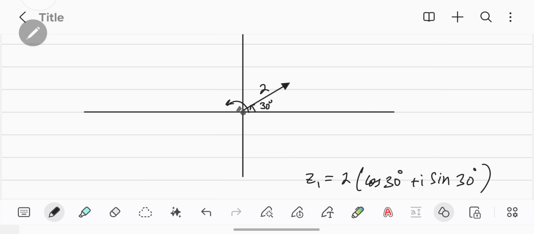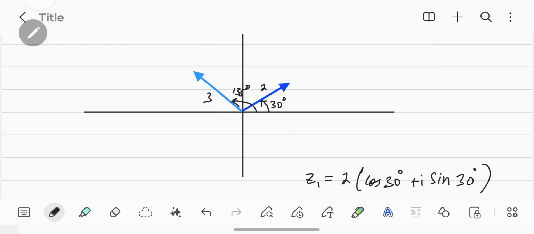Okay, so here if I draw a vector of length 3, it will be here. So now you can check that I have drawn two different vectors, the one with length 2, the other with length 3, the one with angle 30, the other with angle 135, and they are in different quadrants.